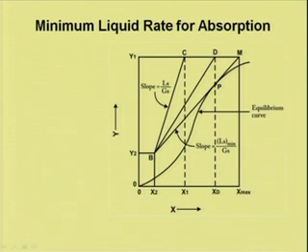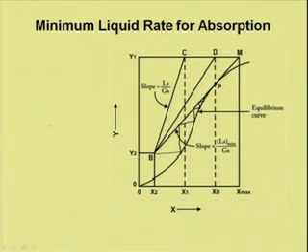If it touches the equilibrium line, then how many plates or trays are required for a given separation? If we start at a particular point and construct the line graphically, we can see that as we reach the pinch point, the number of trays required is infinite.